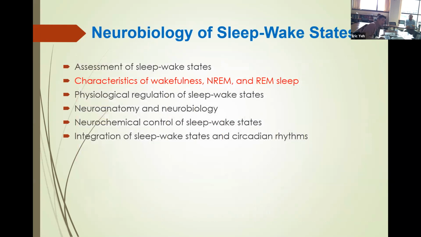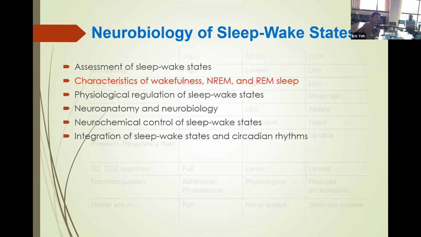And then characteristics of wakefulness, non-REM and REM sleep, fairly interesting. We'll also use a couple of snippets from sleep studies, not really as a refresher, but so you can self-check how you're doing with your readings.